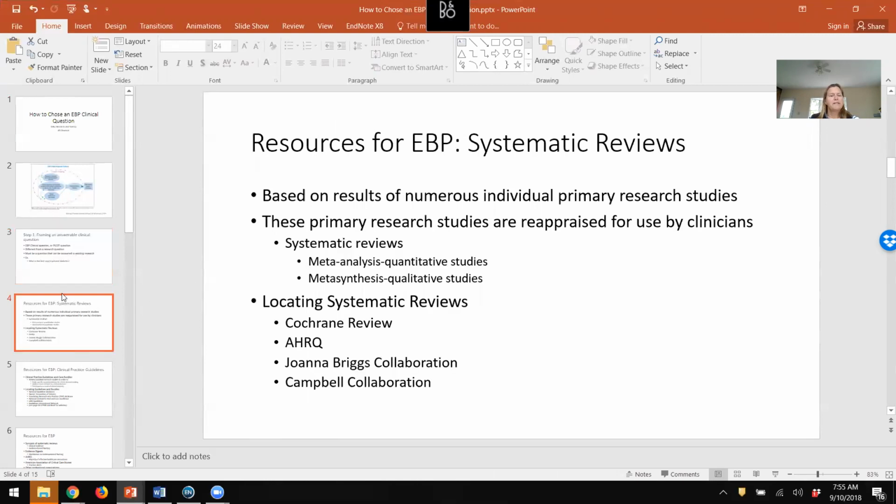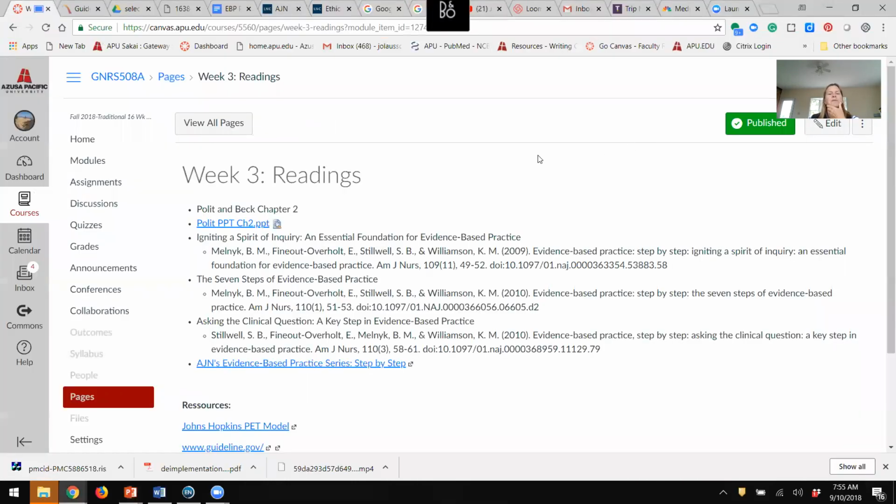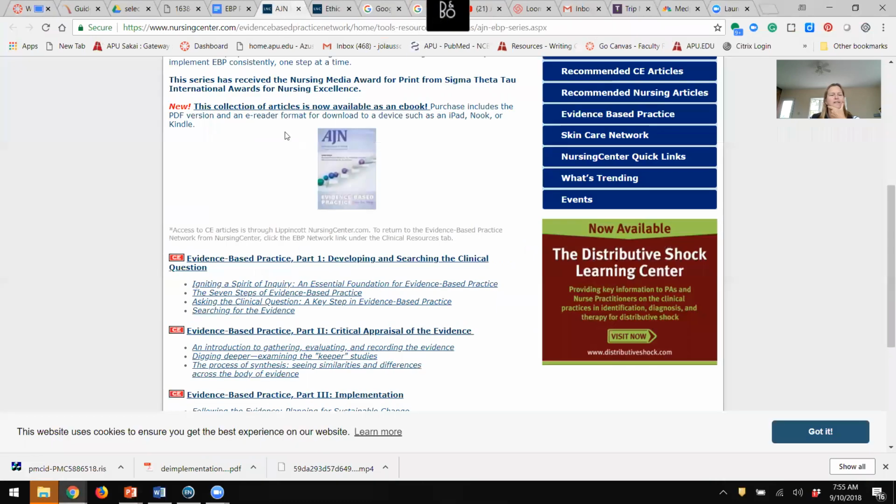So there are many resources for evidence-based practice. I just want to go through a little bit of the readings here. I would like for you to read these first 3 articles on your own. If we look at the first one, it's about essentials in igniting a spirit of inquiry.